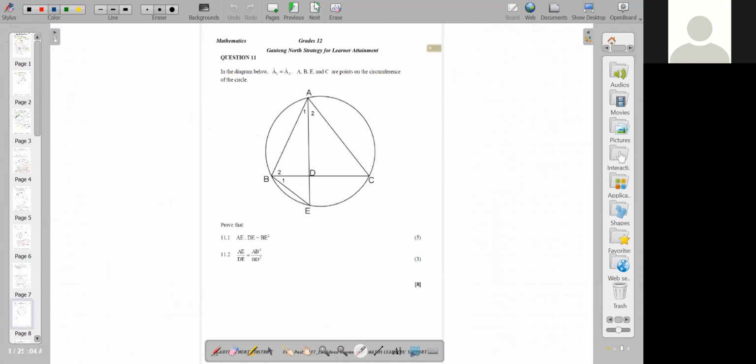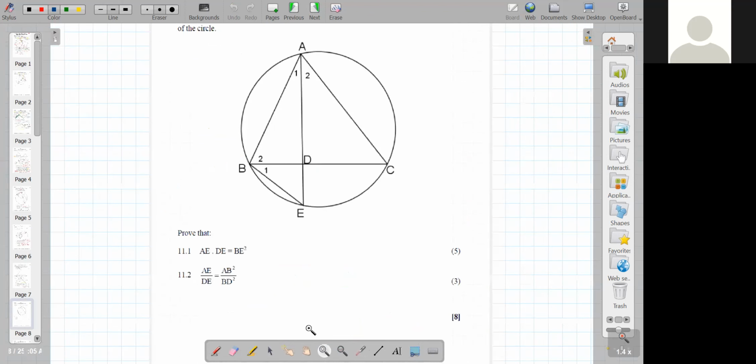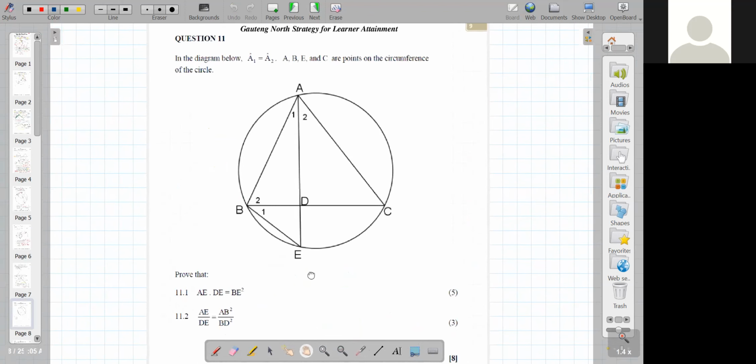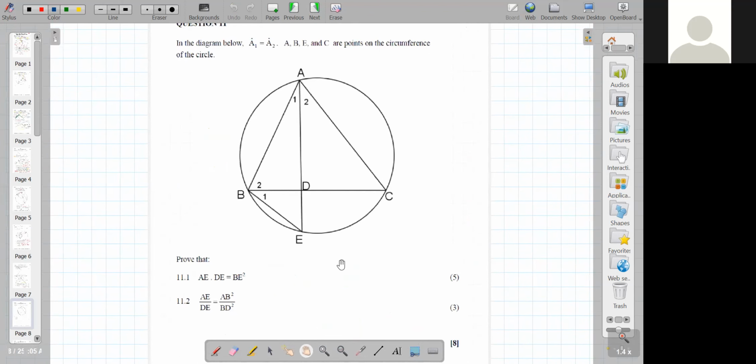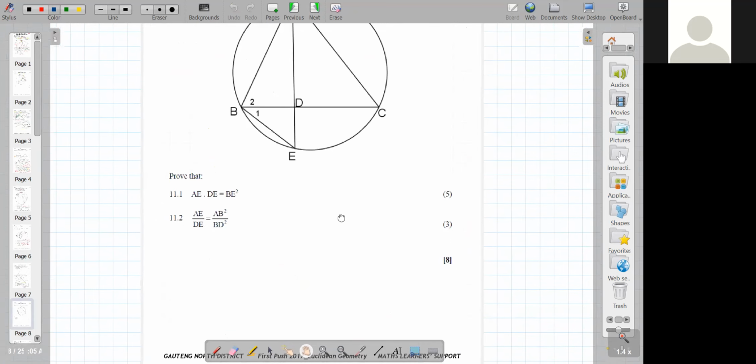All right, now another question. Remember, in finding possible similar triangles when there are circles, we had a few conditions, a few famous shapes, and this is actually one of them.